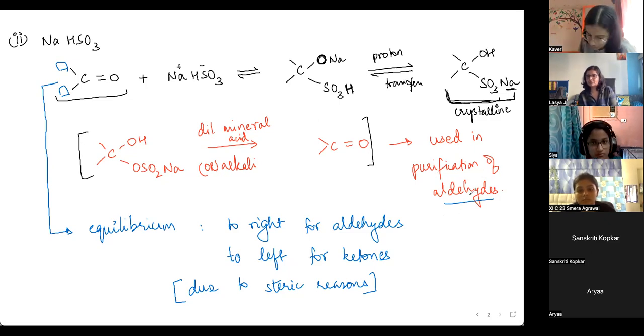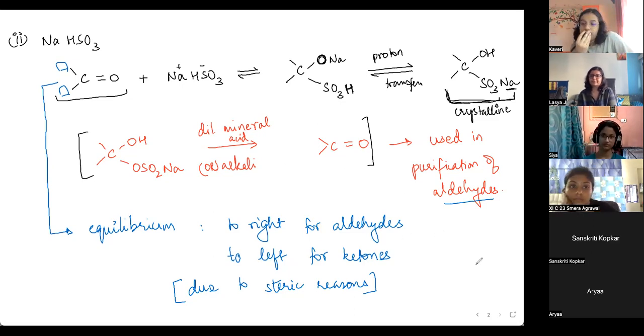This is one of the methods you can use. If you can't get your original thing back, then there's no point. Obviously, you can't purify aldehydes based on that. But because you can get back the original aldehyde, and this particular product has the special property of being crystalline, it's easy to separate this product out and then get your original aldehyde back.